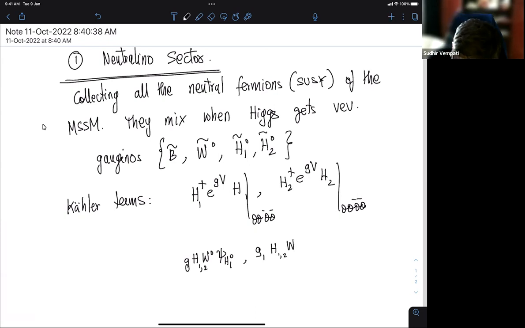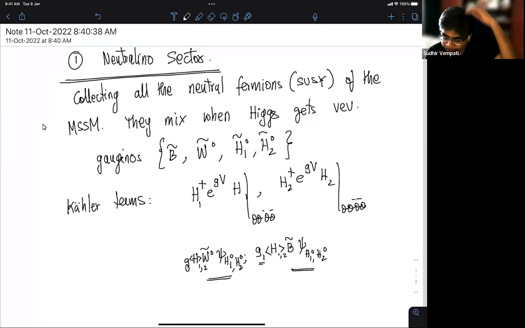So bino, psi H1 0, H2 0. Once the Higgs gets a vacuum expectation value, you have g1 sitting here, and when the Higgs gets a vacuum expectation value, it gives you a mass term for this mixing term. That's how these mixing terms come.